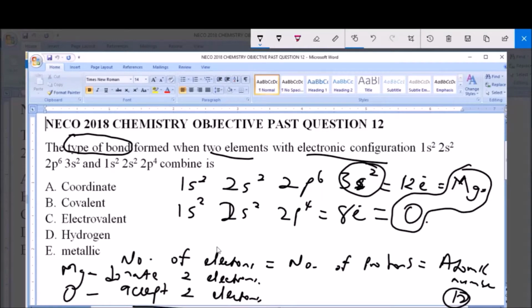The type of chemical bonding formed by donation of electrons by a metal, which are then accepted by a non-metal, is known as electrovalent or ionic bond. So an electrovalent bond is the type of bond that will be formed between elements with these electronic configurations. That is option C, which is the correct answer to this question.